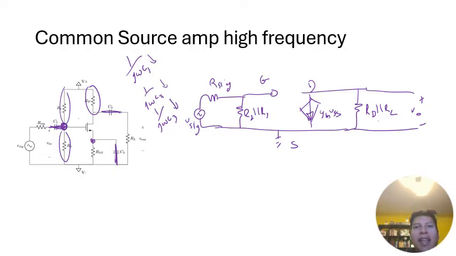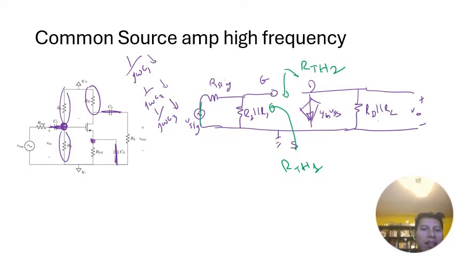What's going to change is that now we actually have to start considering CGD and CGS. So our heuristic will be that we assume both capacitors behave as open, and then we look at R Thevenin looking here. We're going to find R Thevenin 1, and then R Thevenin 2.